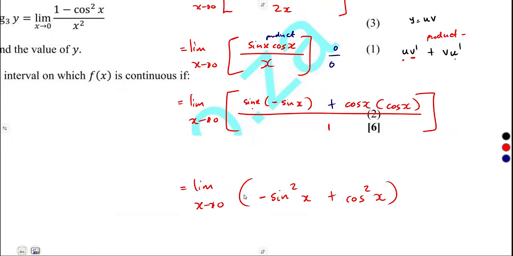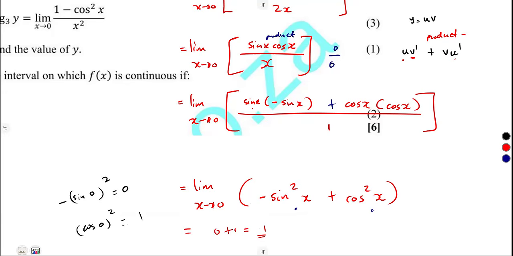As x is approaching 0, you're going to substitute a 0 here. So this negative sine of 0 squared is going to give us 0, and the cos of 0 squared is going to give us 1. Meaning to say, in this case, we're going to obtain 0 plus 1, which is 1.